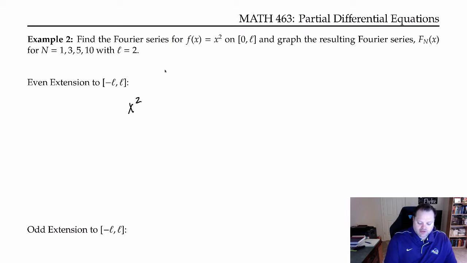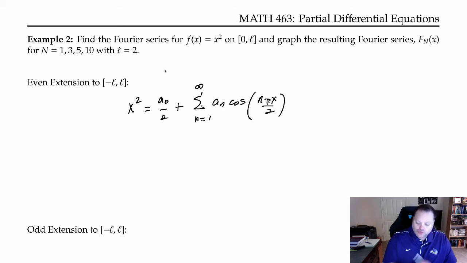But we're going to say x squared is equal to a naught over 2 plus the sum, n goes from 1 to infinity, of a n cosine n pi x over 2.